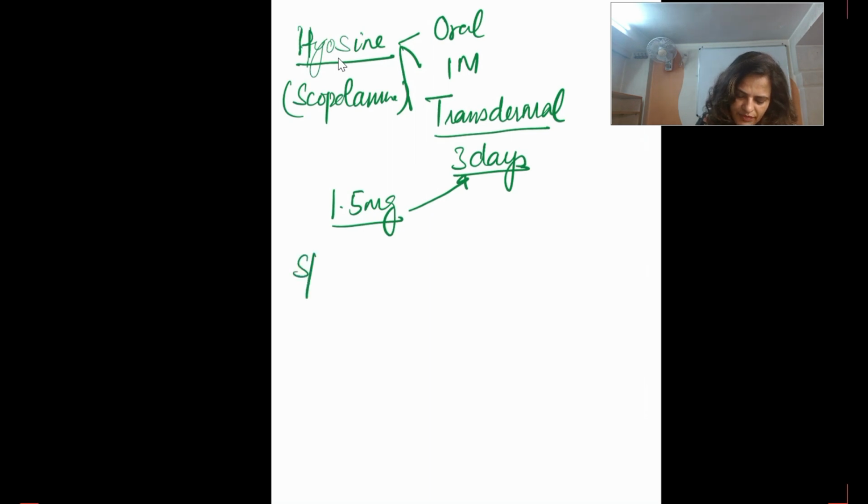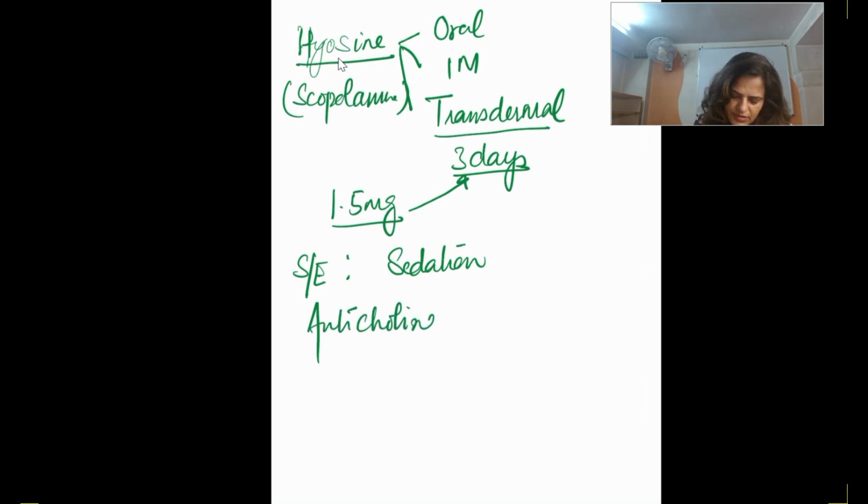Now what are the side effects of this group of drugs? The main side effect is sedation. Now what about the anticholinergic? This is an anticholinergic drug, but anticholinergic side effects are not seen with this group because the dose which we use as an antiemetic is too little.